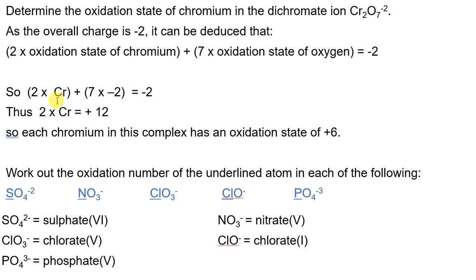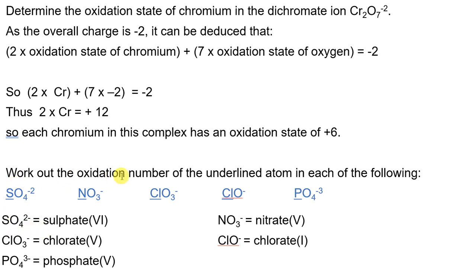My 2 chromiums plus 7 times -2 gives the overall charge of -2. 2 chromiums are +12. Each chromium has an oxidation state of +6.